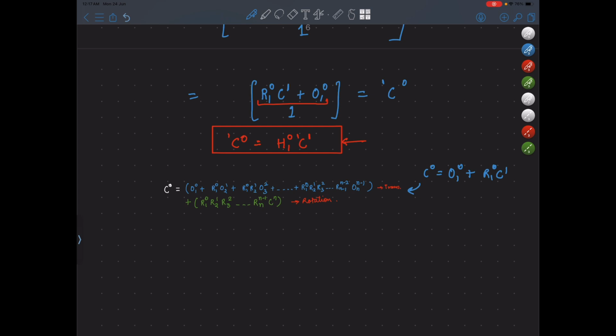But here if we use this formula, the C naught transformation will just be a matrix multiplication of homogeneous matrices H n minus 1 C n prime. So it remains under control. All right, so this is the benefit of homogeneous transformation.